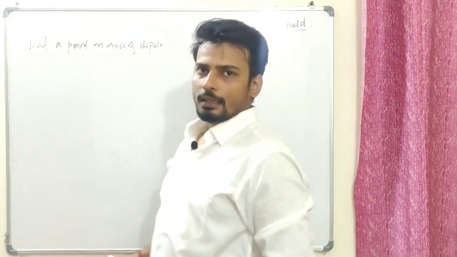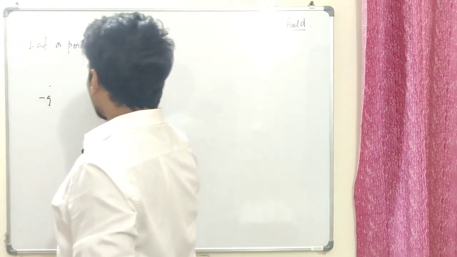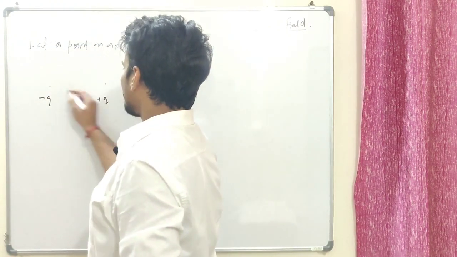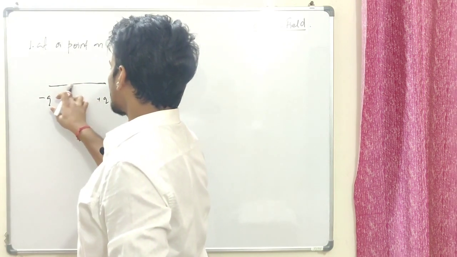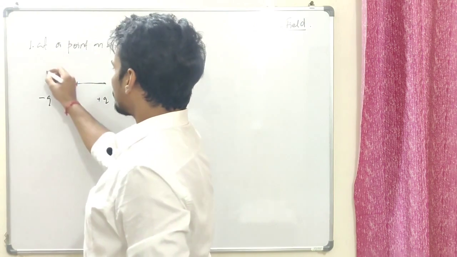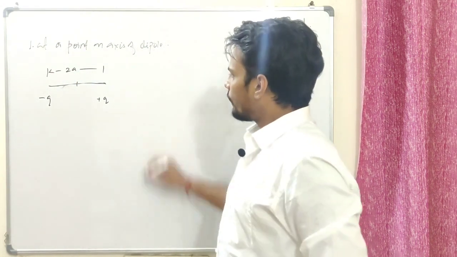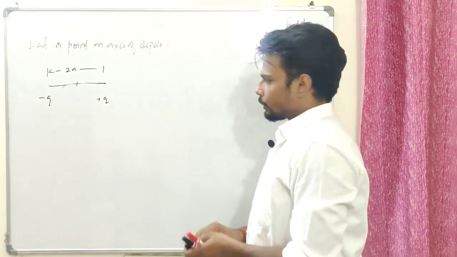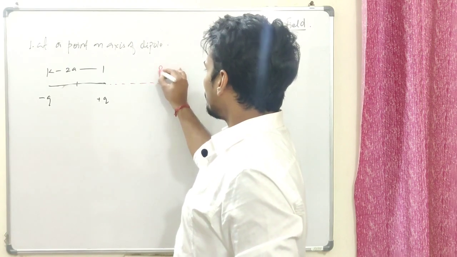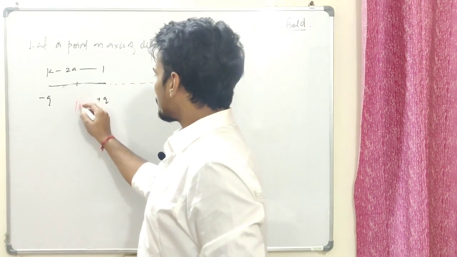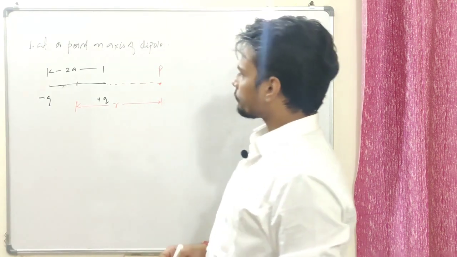Let's say we have the dipole over here, with a negative charge over here and a positive charge, plus q, here, at a distance of 2a. The center is this point, and this distance is 2 times a. I'm going to find the field at a point P which is at distance r from the center of the dipole.